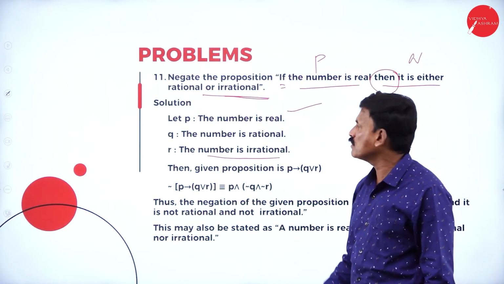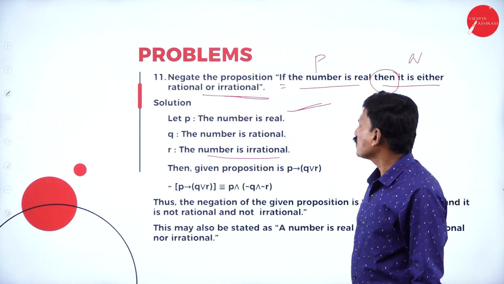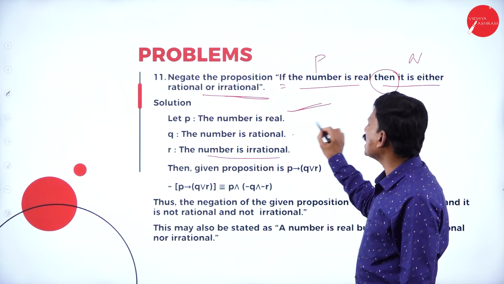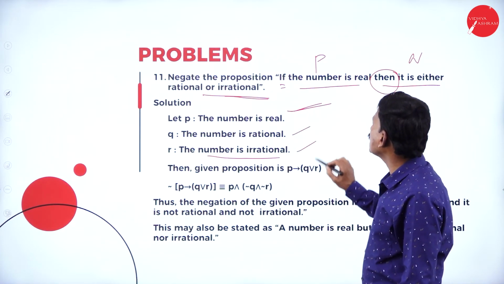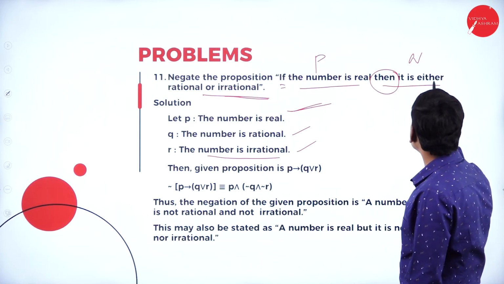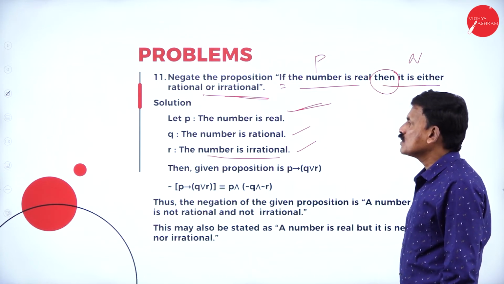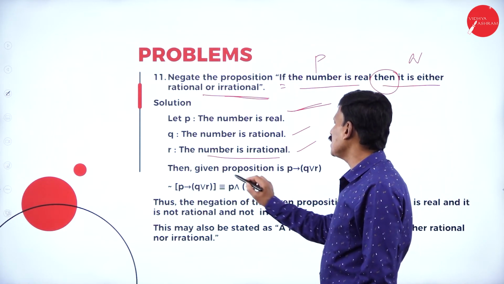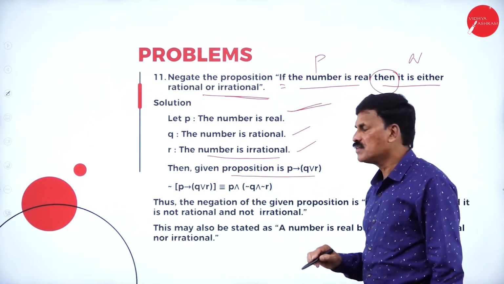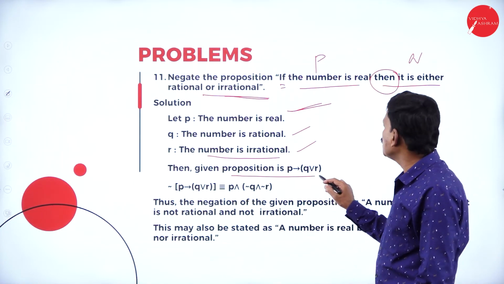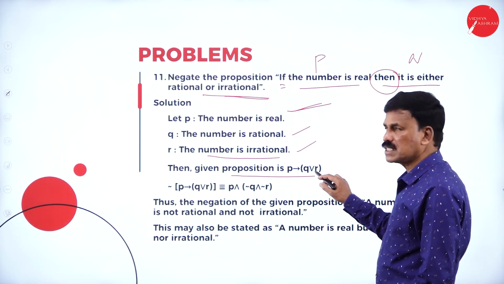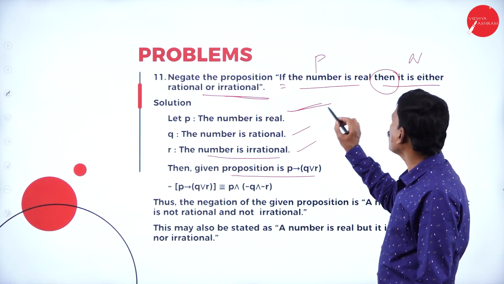So there are three statements: the number is real, the number is rational, the number is irrational. Now, what is the statement given? The proposition is P conditional to Q disjunction R, because we have used or here.